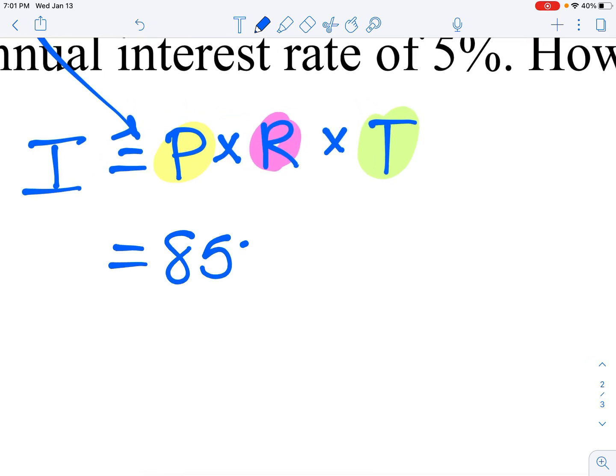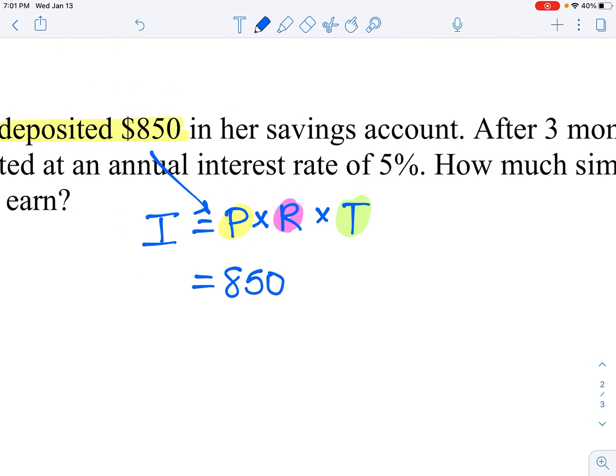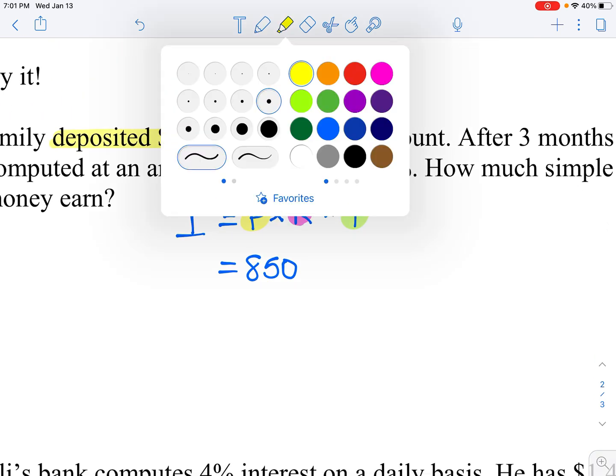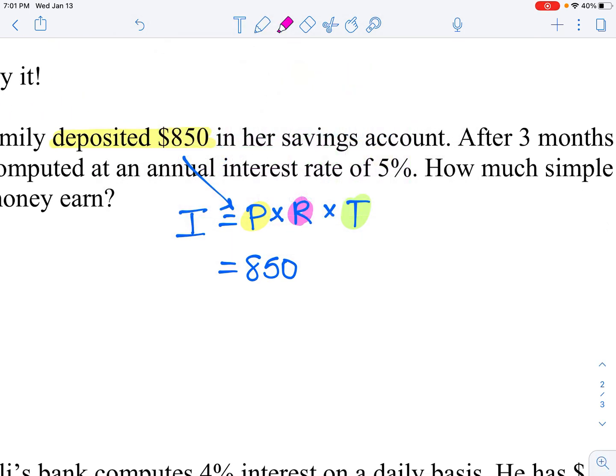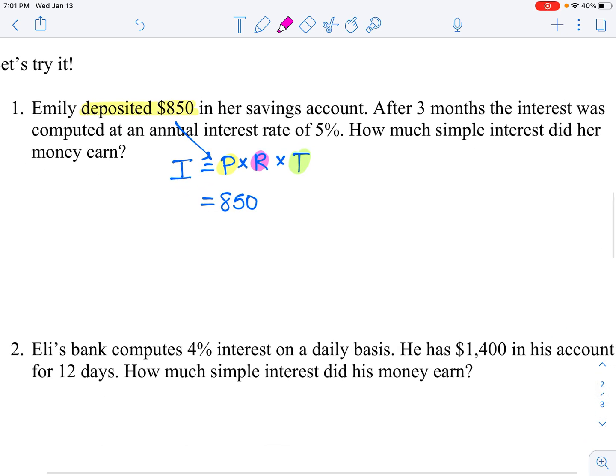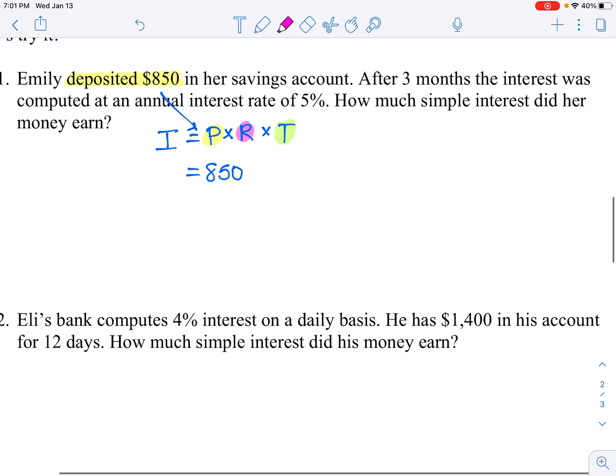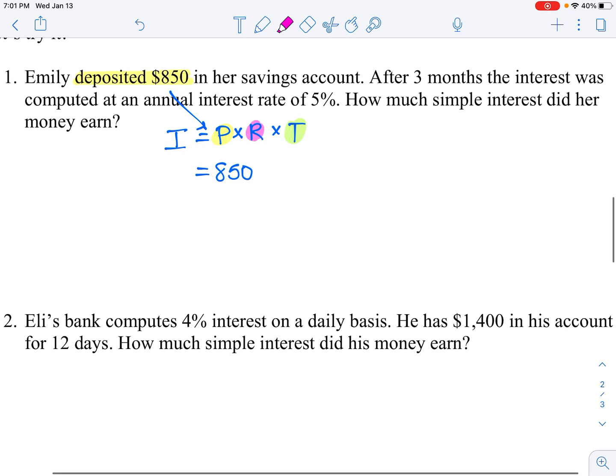That P can disappear. Okay, now we're going to go back to pink, and I need us to highlight what goes in place of our rate. And remember, our rate is our percent. So you should look at this problem and figure out, okay, what is the rate? What is the percentage? So read it over, and I see right here the interest rate is 5%.